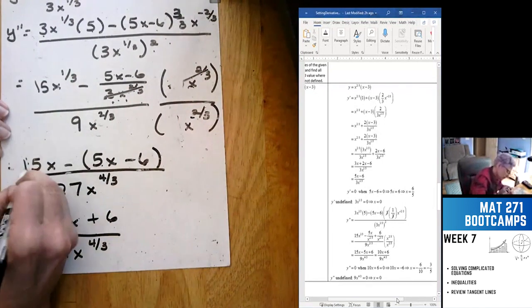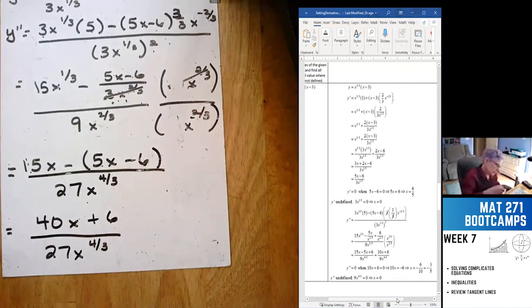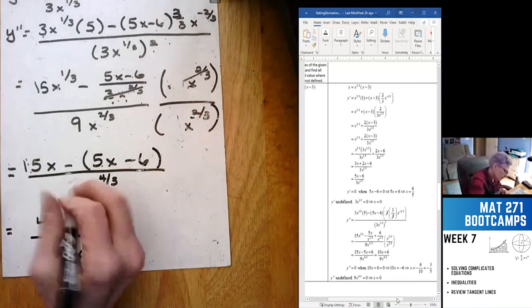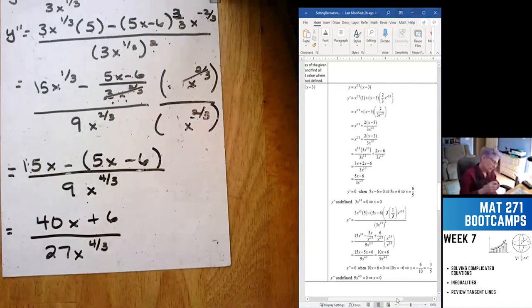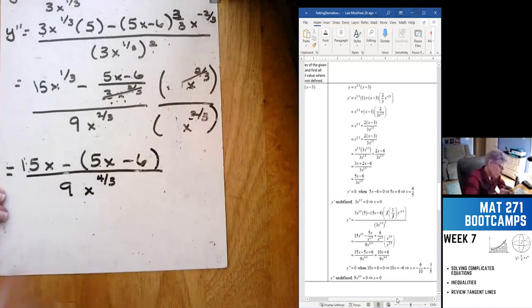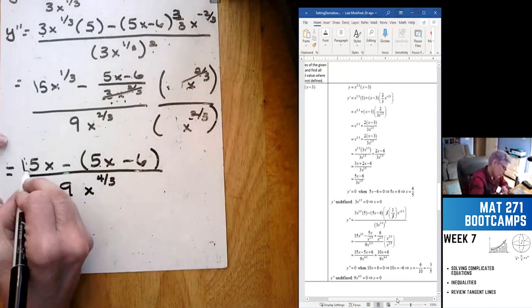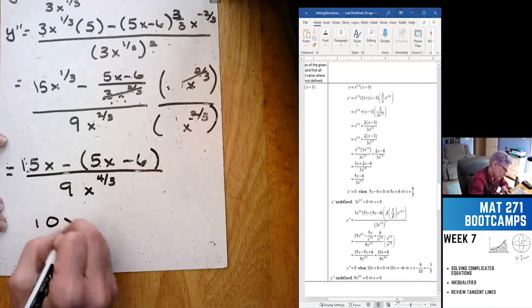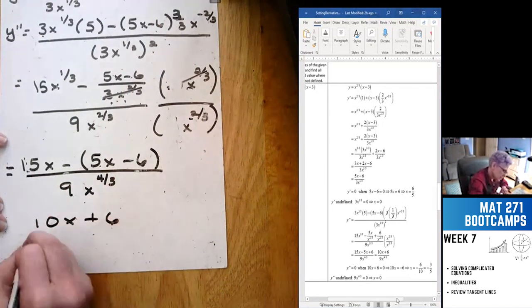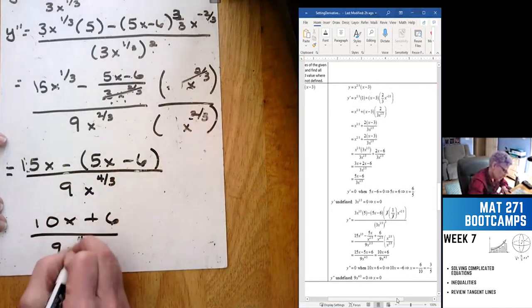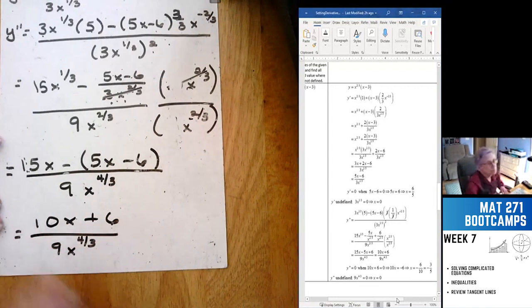That should be 15. That should still be a 9. And now we have 15 minus 5 is 10x plus 6 over 9x to the 4/3.